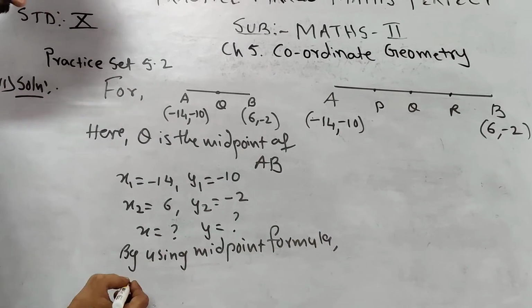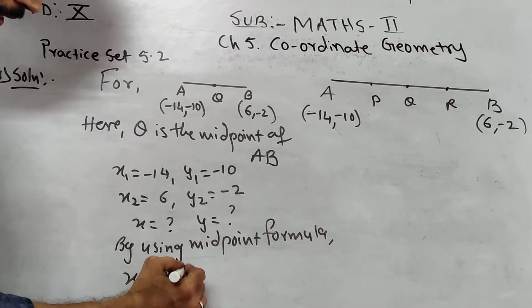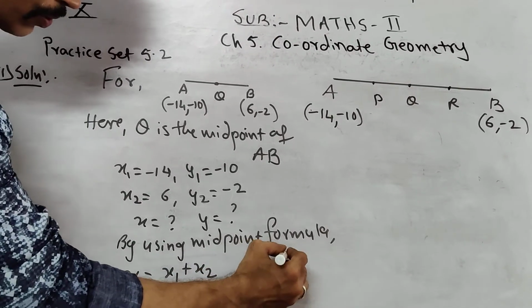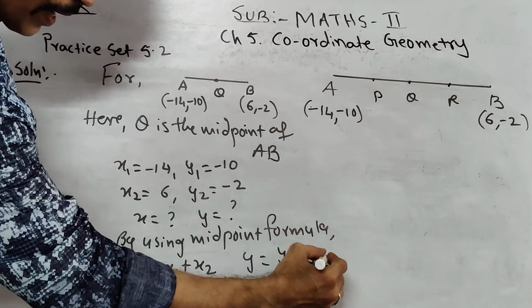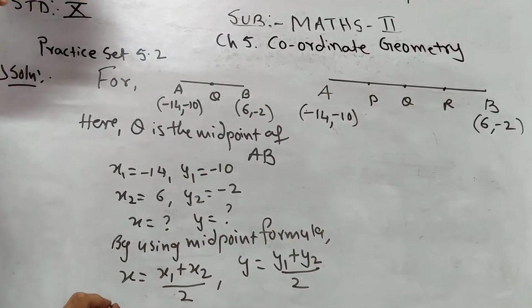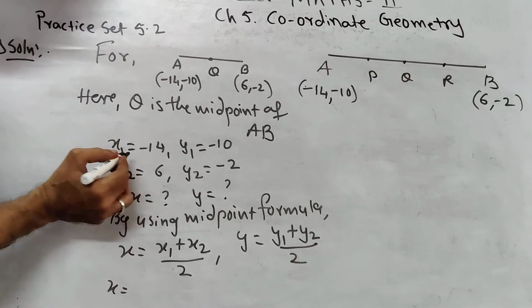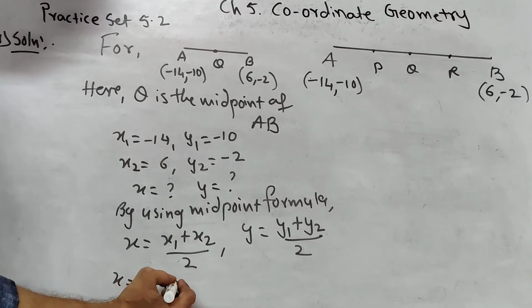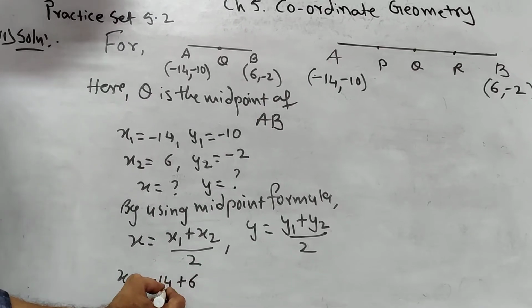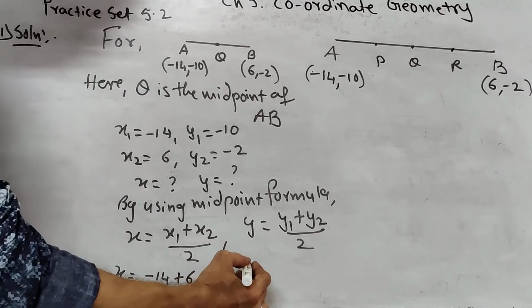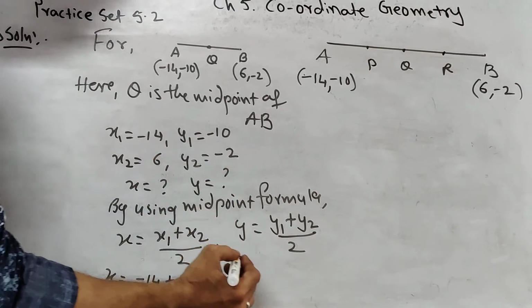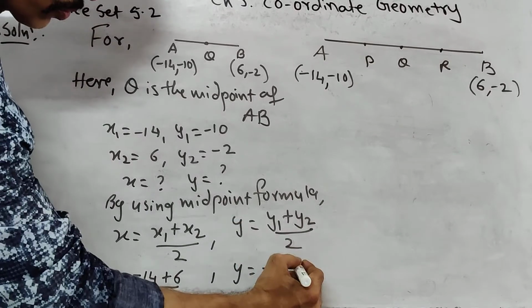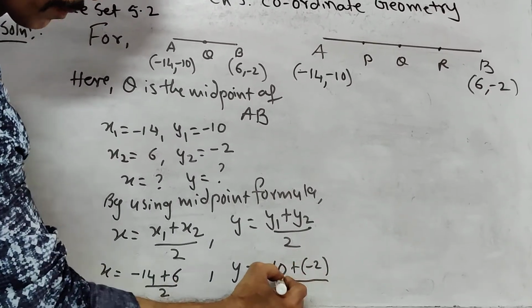Very simple: x is equal to (x1 plus x2) upon 2 and y is equal to (y1 plus y2) upon 2. So x is equal to (-14 plus 6) upon 2, and y is equal to (-10 plus -2) upon 2.